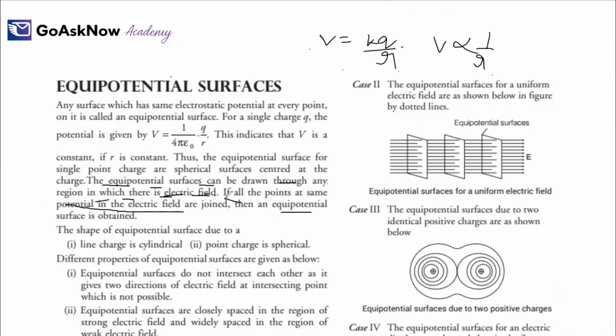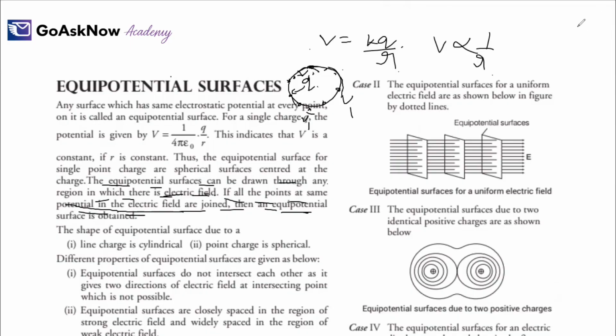If you have a small charge q and you obtain the potential due to the charge, and we join each point of potential V1, because all these points are equidistant from the charge and have the same potential, it will form a spherical surface for a small point charge, and this is your equipotential surface.